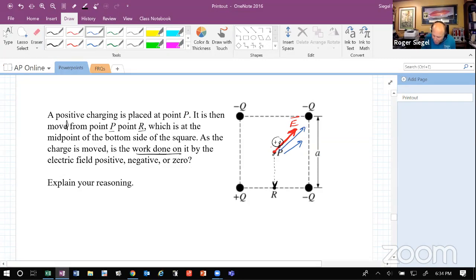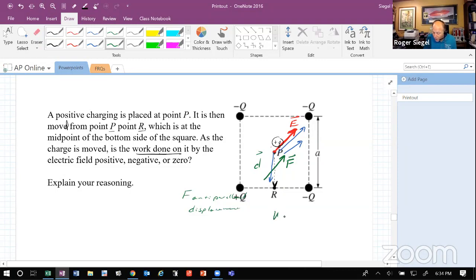So if I have to move it in this direction, this is a positive charge, check it out. The force is in that direction, and my displacement is in the opposite direction. So the work done by the field, which is the one that's exerting a force, you can see that the force is anti-parallel to the displacement.